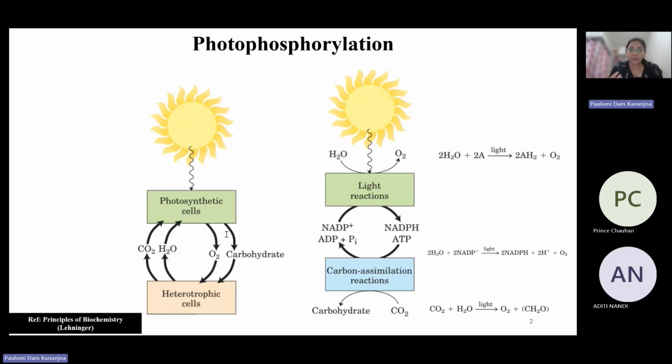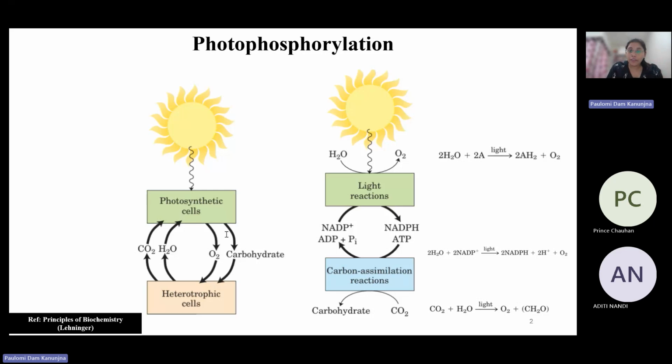This is the difference that you need to remember. In the previous one, we saw how NADH is formed. In this, we'll see how NADPH is formed, right? And then the organisms use the ATP and the NADPH as their energy sources to make carbohydrates, which is carbon assimilation, the dark reactions that we will see.